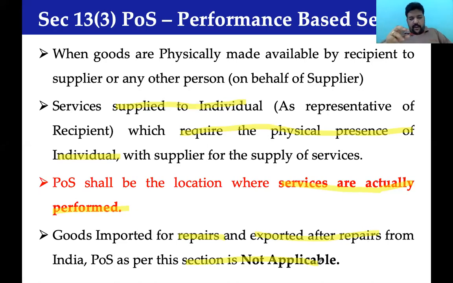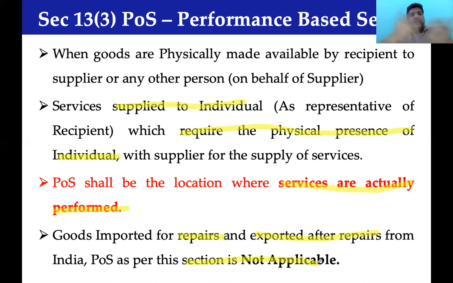Goods imported into India for repair or processing, and those goods are exported back outside India without use, then this section is not applicable. Kindly make a point here. Goods come into India, you do the repair, and then you send those goods back outside India. Goods go outside India, but at the end of the day, your work is only repair services.